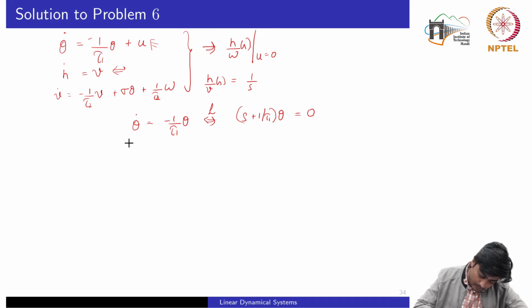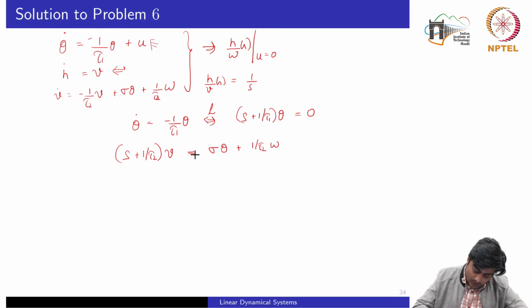Now coming back to the third equation and taking the Laplace transform, I would have s plus 1 by tau 2 times v equal to sigma theta plus 1 by tau 2 w. So all these variables are functions of s. Either we can use the hat symbol, which we have been using in all the demonstrations.